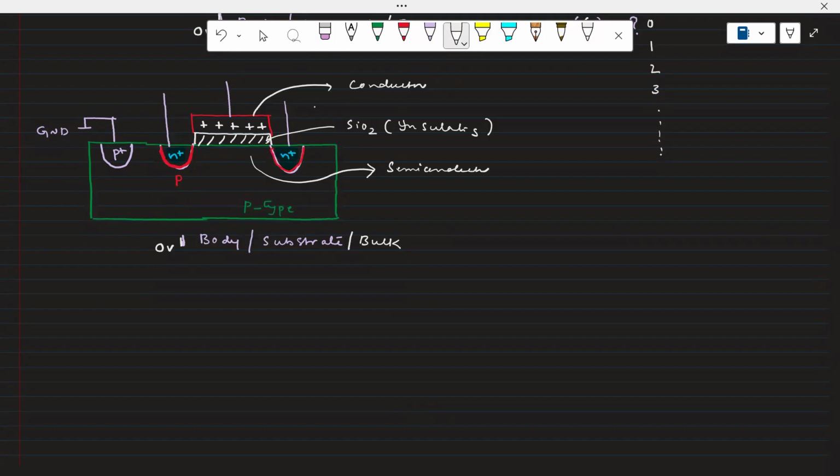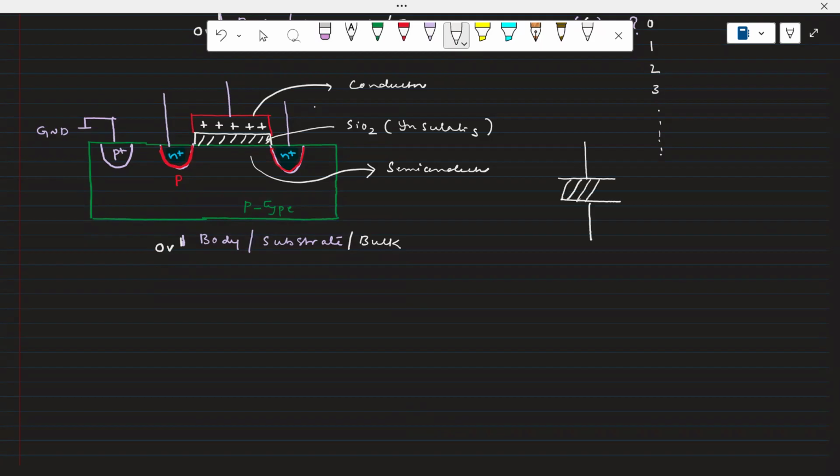Definitely, two conducting plates are separated by silicon dioxide, right? Then what component can we call this? If two conducting plates are separated by an oxide or insulating material, we can call it a capacitor. Simply, it is a capacitor. So this capacitor is called a MOS capacitor, right?